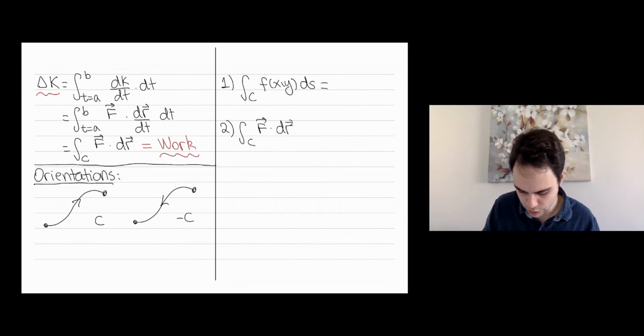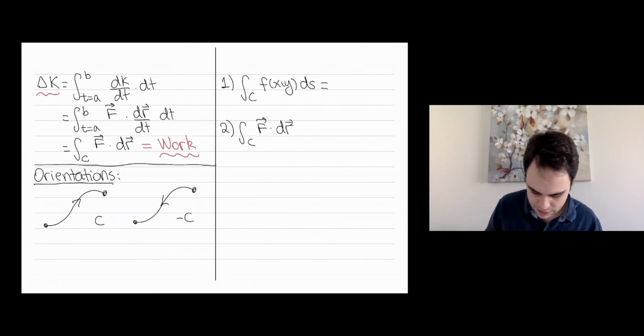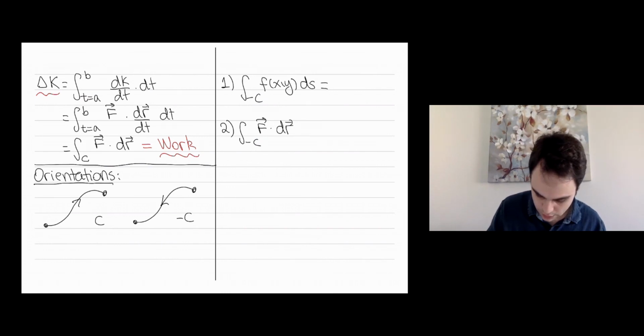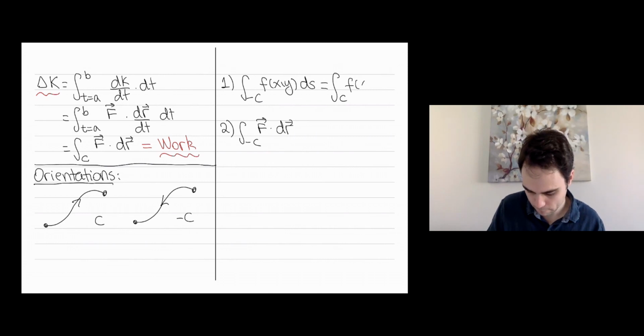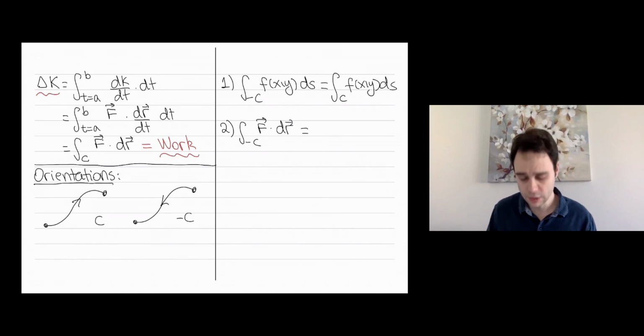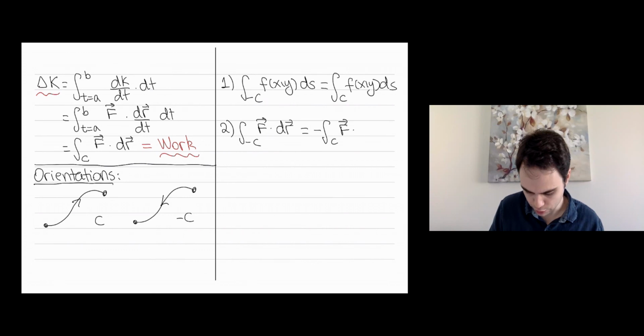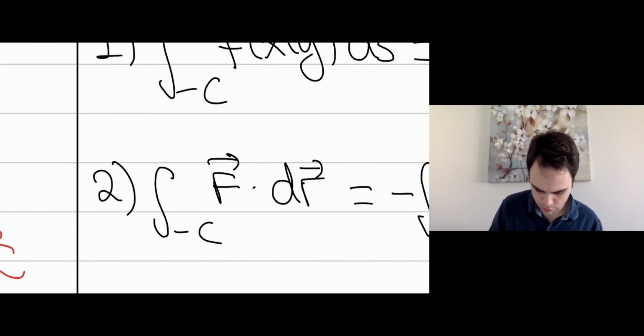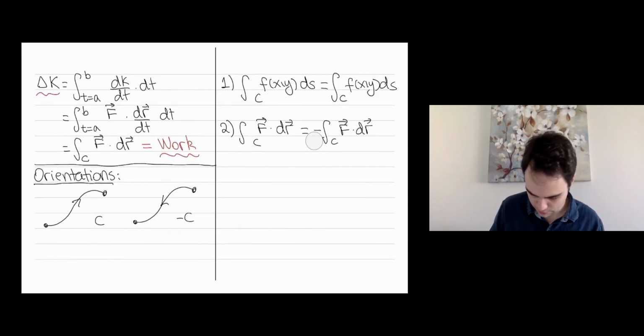So the integral over minus C, in the first case, is just equal to the integral over C. But the integral over minus C of a vector field is just equal to minus the integral over the original curve.